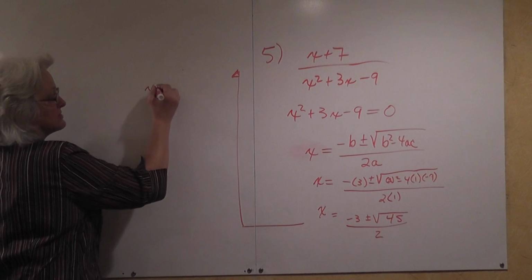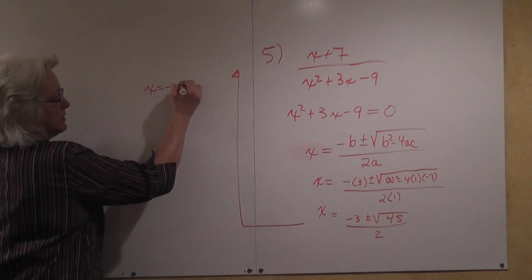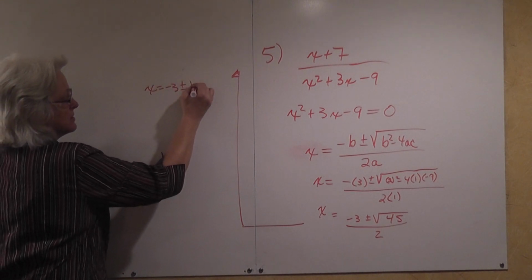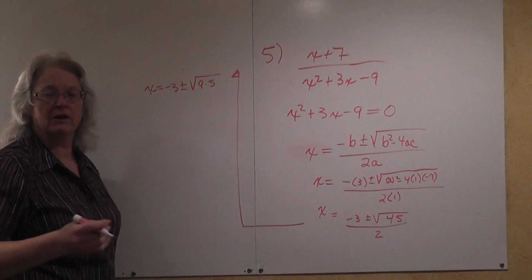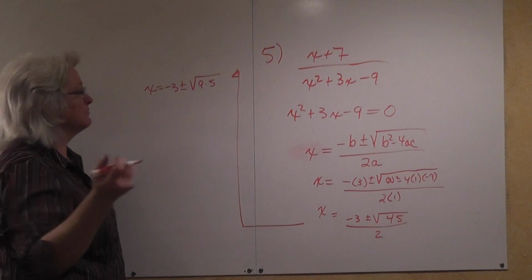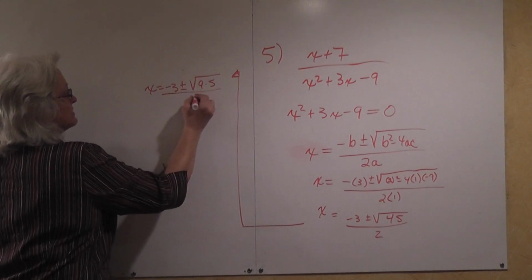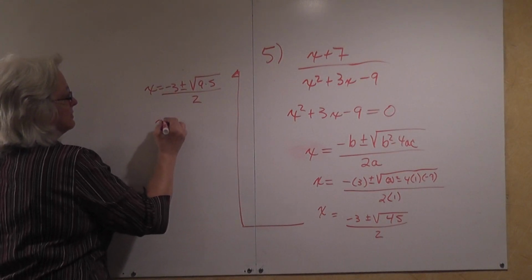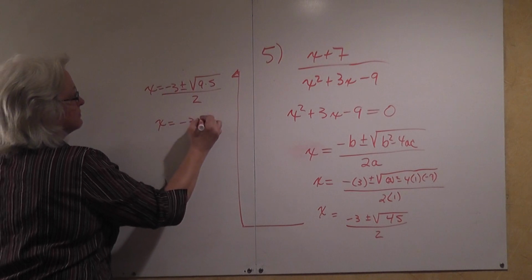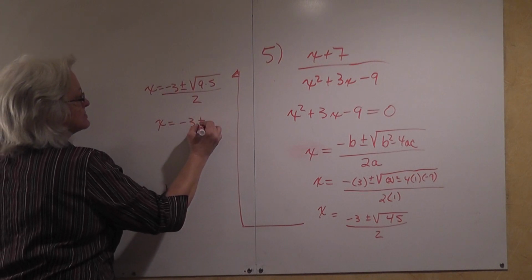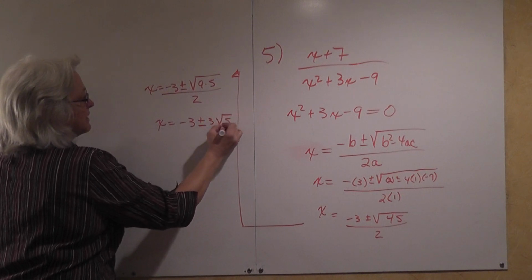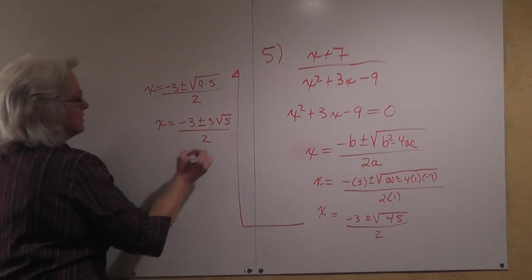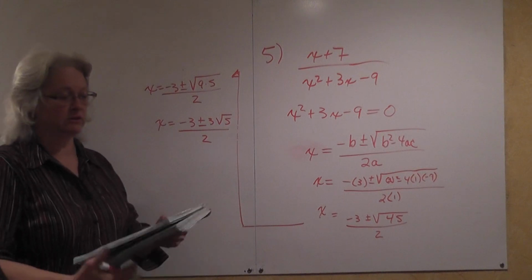We have x is equal to negative 3 plus or minus the square root of 9 times 5. We have that perfect square of 9 that we can pull out, all of this divided by 2. x is equal to the opposite of 3 plus or minus 3 times the square root of 5.